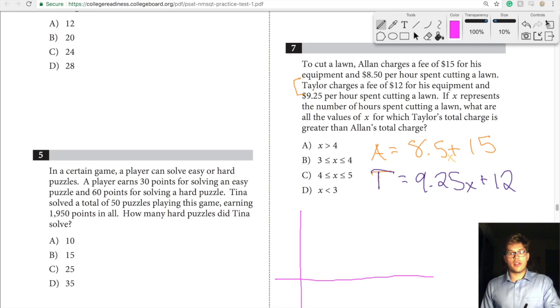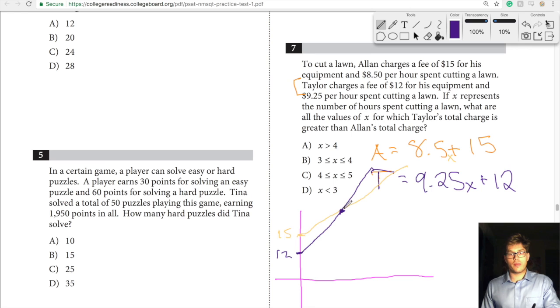Okay, we have Alan first of all, and Alan starts at $15 just for the equipment, and then he goes up at a constant rate of 8.5. And then we have Taylor, who starts at a lower charge of $12, and then goes up at a constant rate of 9.25.